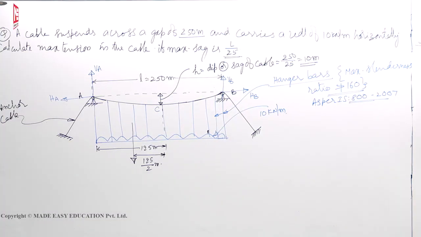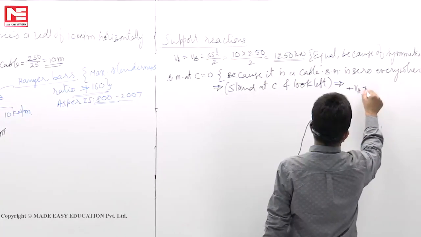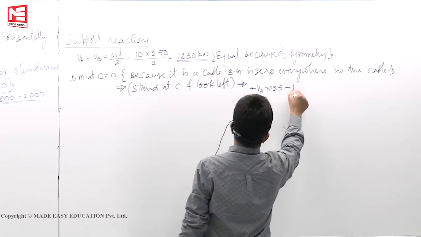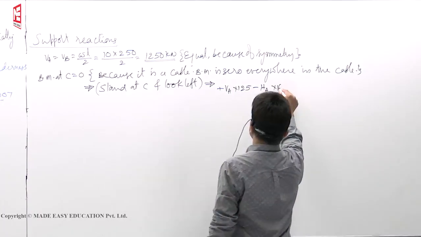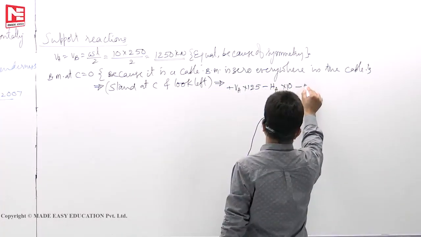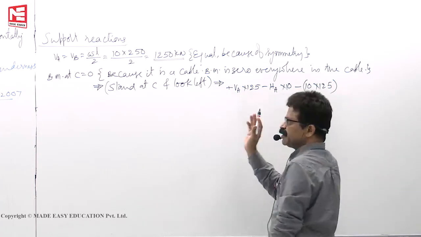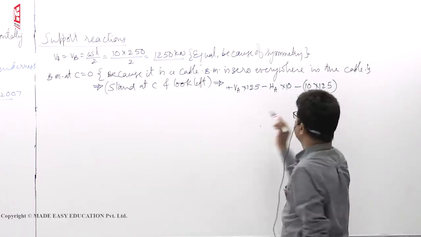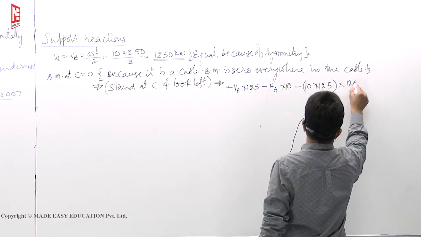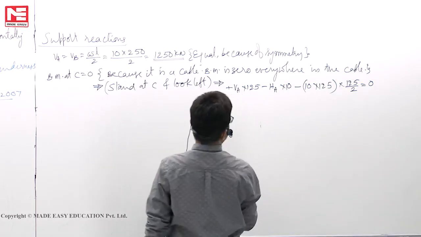So plus VA into 125, minus HA into 10, HA because it is giving anti-clockwise, the load also giving anti-clockwise, minus 10 into 125, the total load acting from C to A, into its perpendicular distance 125 by 2, must be equal to 0.